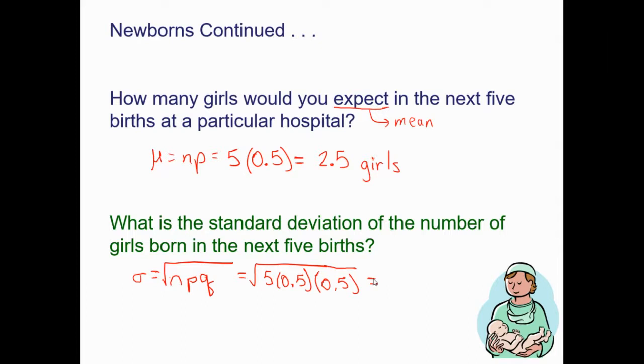This is the example I was looking at earlier. 1.25. 1.118. Oh, wait, square root. And our units, again, are girls. Questions on that?